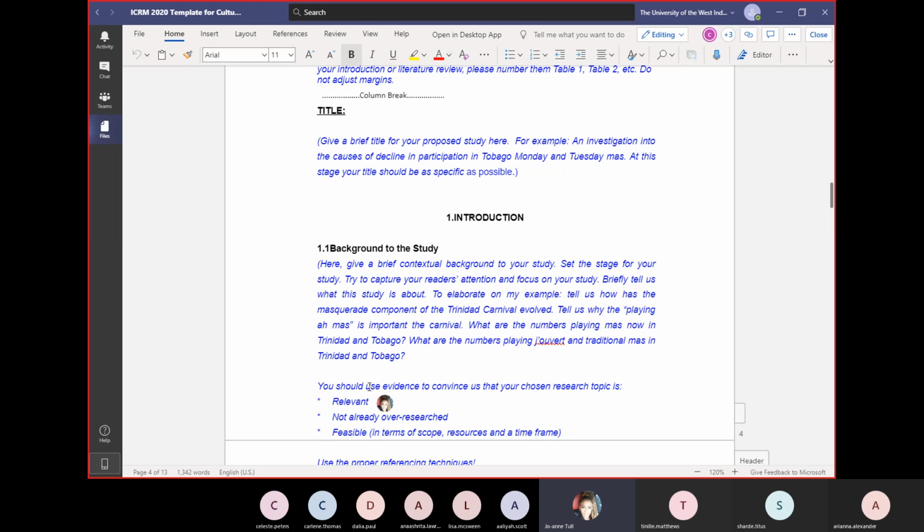So what they have before now, they can use as their background context. It could start off something like: cultural experiences in the Caribbean extend to food, because food is an important part of our culture and our way of being in the Caribbean. Is that not true? Yes, miss. And as a result, culinary festivals have become a major part of the festival and cultural experiences in the Caribbean.